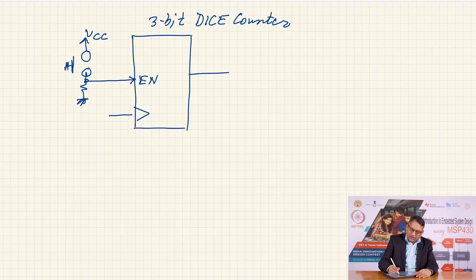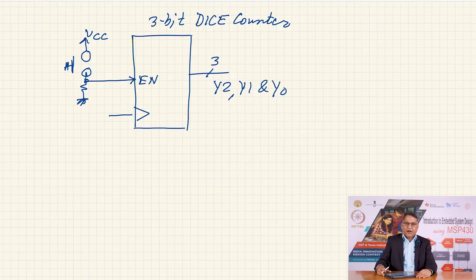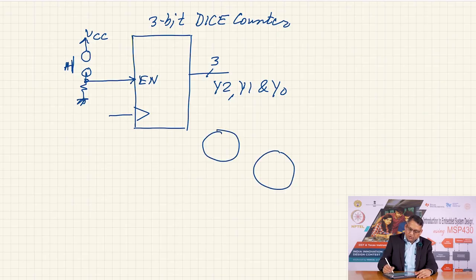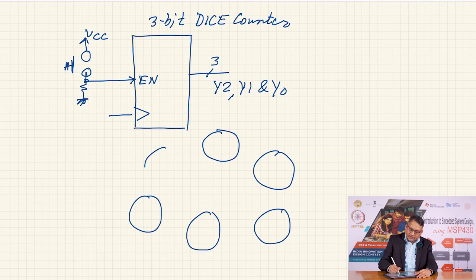The outputs are, let us say, y2, y1 and y0. So there are 3 outputs, and the state diagram for this is as follows. You have 1, 2, 3, 4, 5 and 6 states. If the enable signal is 0, so enable bar, it is going to remain in that state, this is S0.